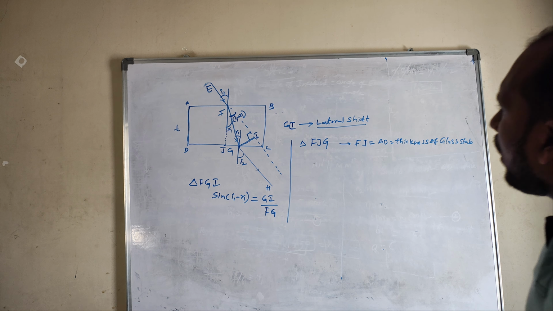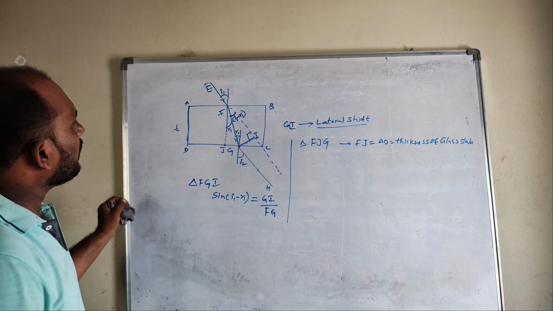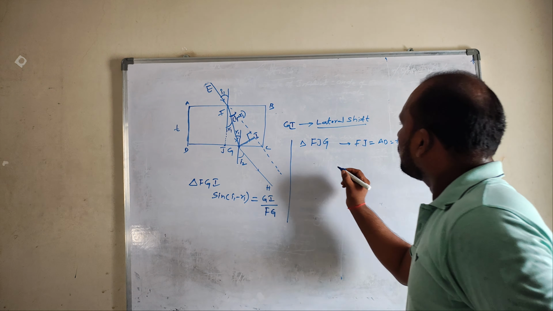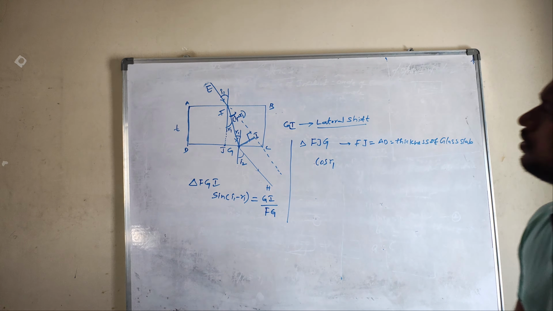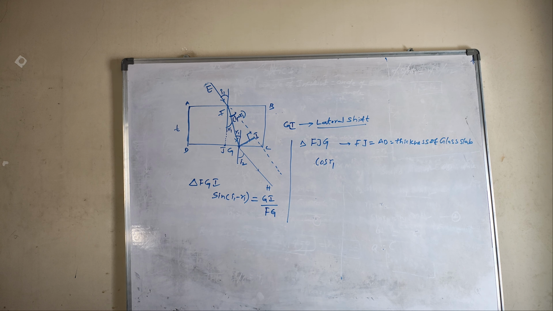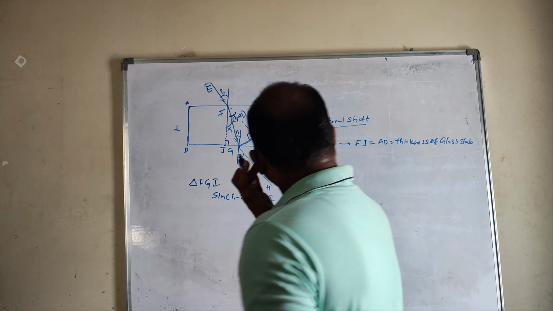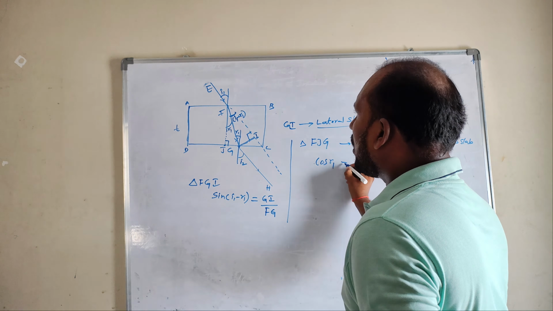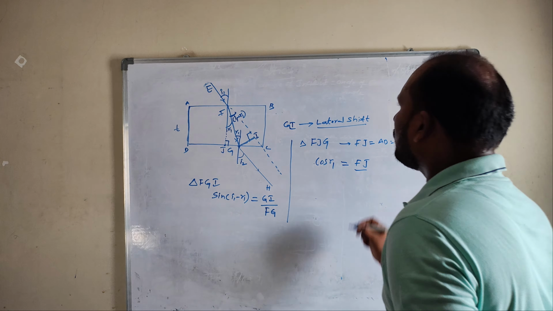So now which angle shall I go with? Cos R1. So what is the formula for cos R1? This is the right angle, no issue. Cos R1 is equal to adjacent by hypotenuse.